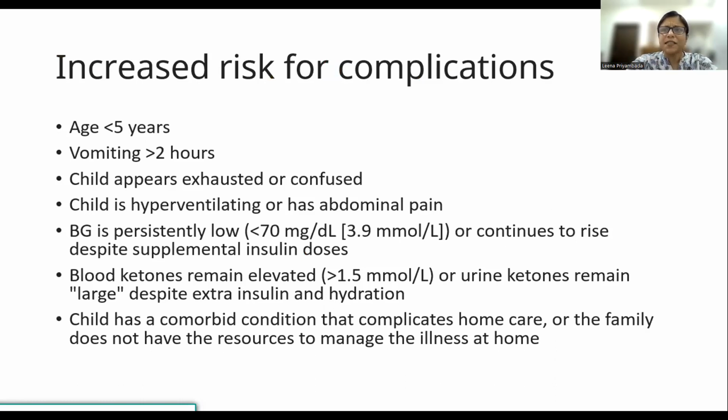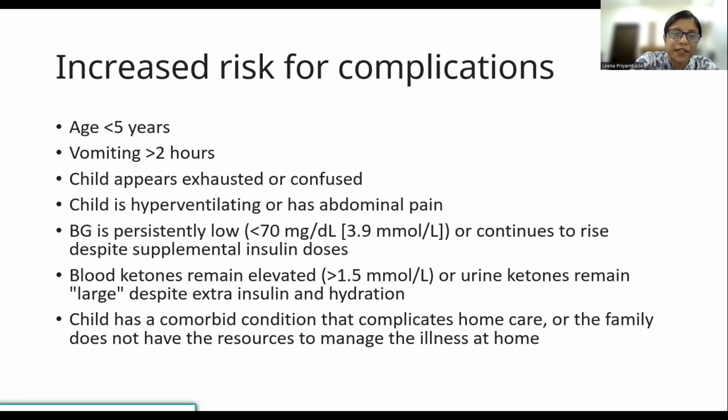There are certain factors where you should be more careful. In very young children, vomiting for more than 2 hours, if the person appears exhausted, confused, hyperventilating, or is having significant stomach pain, or you are not able to raise the blood glucose with the sugary fluids you are giving, or not able to manage the blood glucose even after giving insulin, that is probably the time when it is best that you start IV glucose and IV insulin, and that may help.